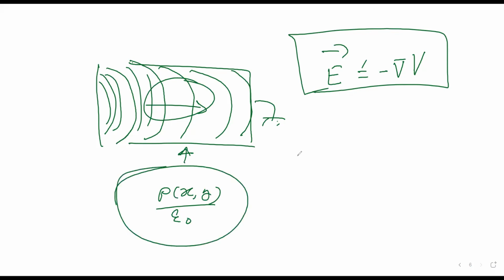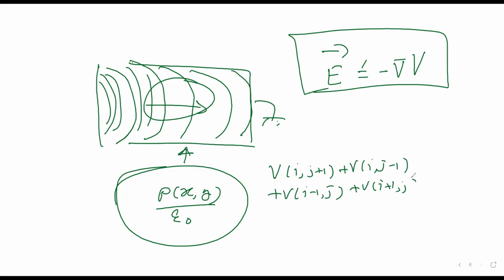You have already derived your algorithm. For example, V(i,j+1) plus V(i,j-1) plus V(i-1,j) plus V(i+1,j) minus 4V(i,j) will be the replacement of your left hand term, and your right hand term will be equal to minus rho(i,j) divided by epsilon 0.